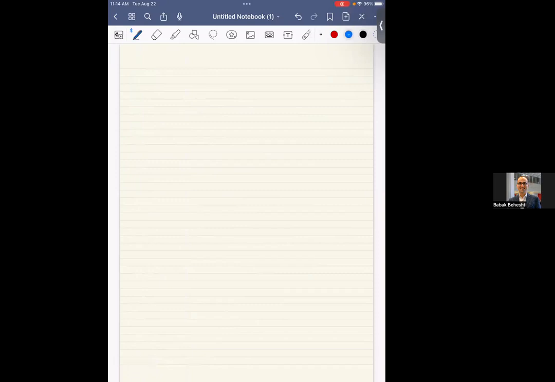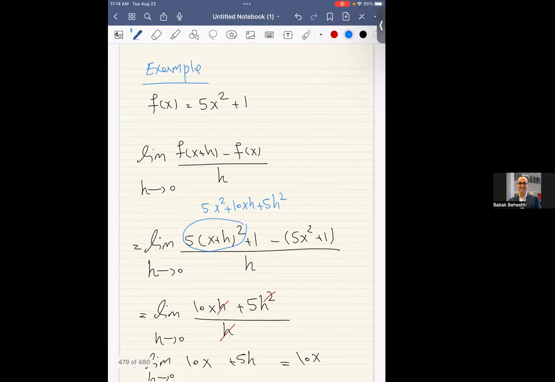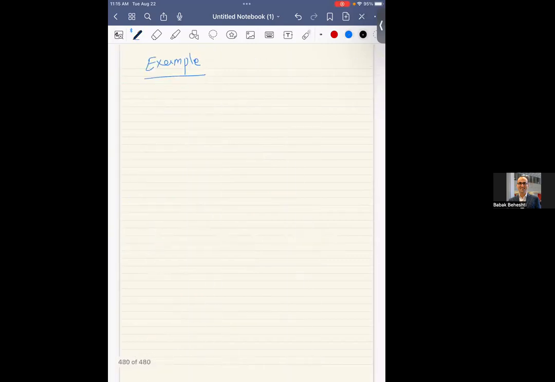Let's do another question. We want to find... So let's say that f of x is 2 times root x.